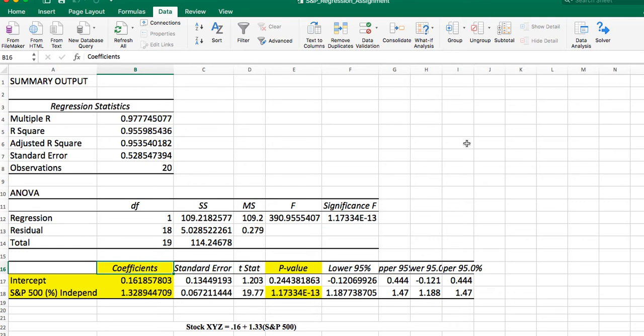So when I come down here, in regression analysis, I want to statistically prove that there is a strong relationship between my independent and my dependent variable. We already know it's strong, 95.5, 96%, but I have to look at it.